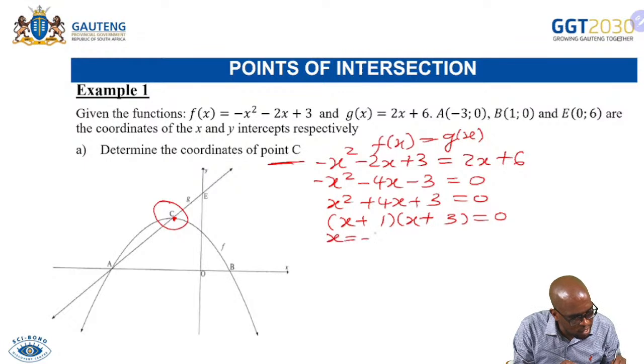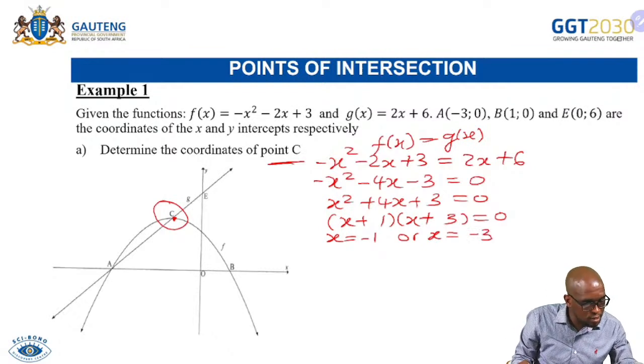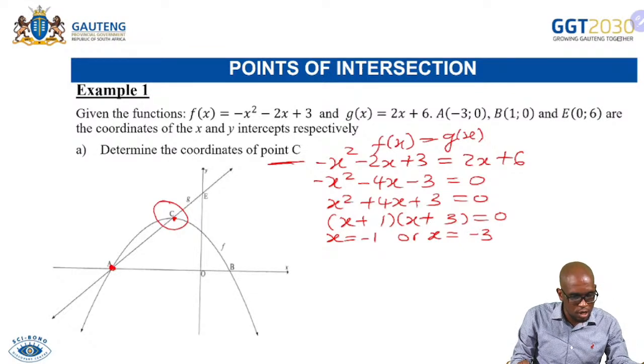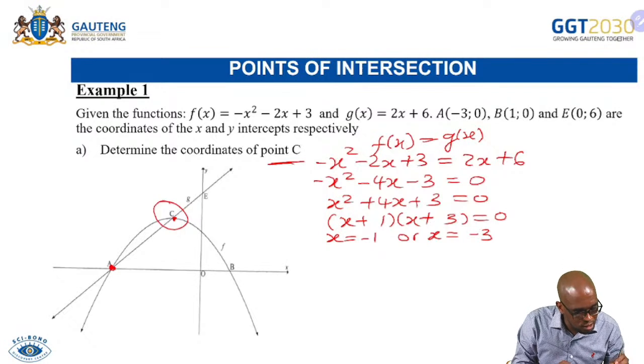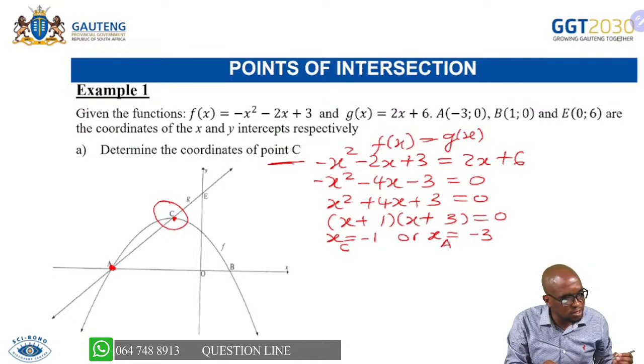So x would be minus 1 or x would be minus 3. Now we're going to trace the one for C, because there are two points of intersection, A and C. The one for C should be x equals negative 1 and the one for A would be minus 3. But we are interested in the one for C.